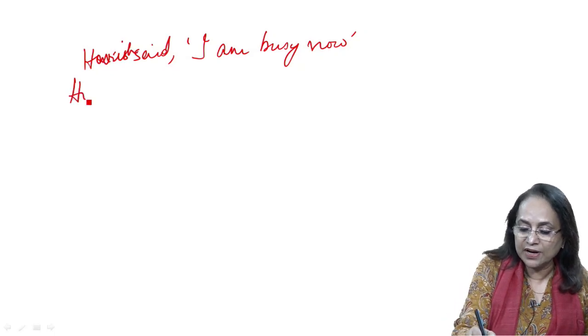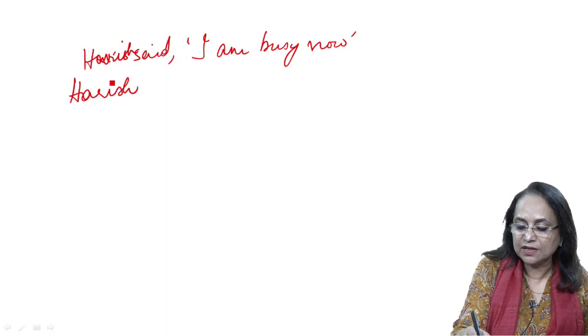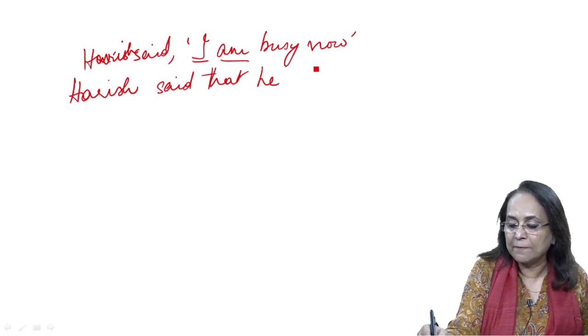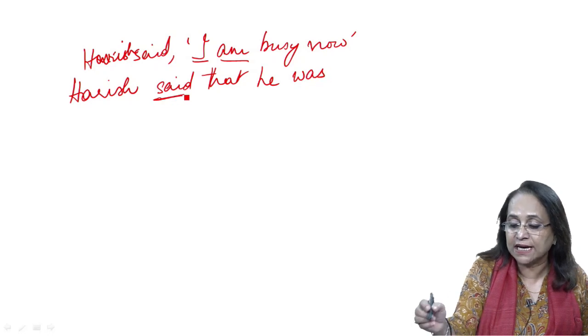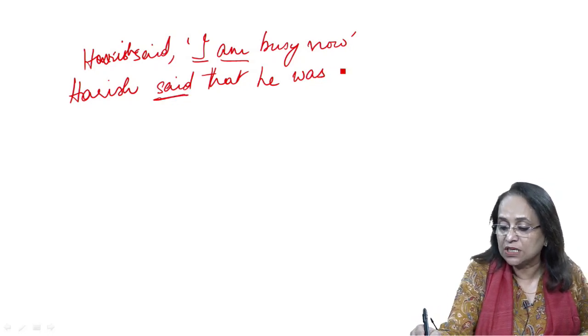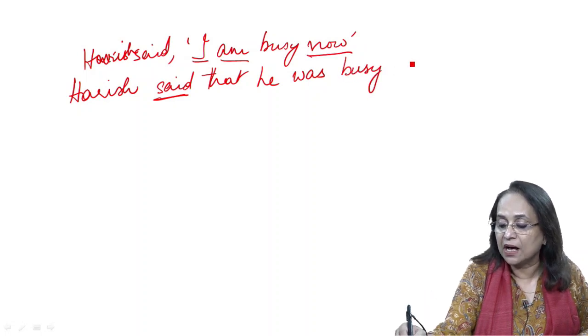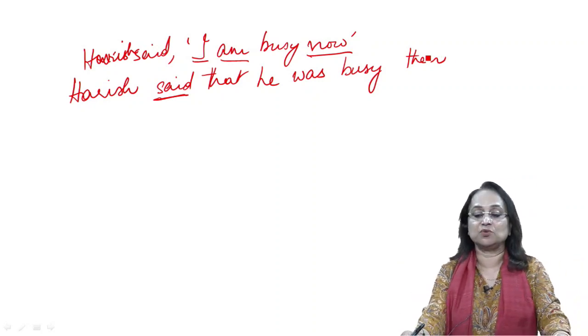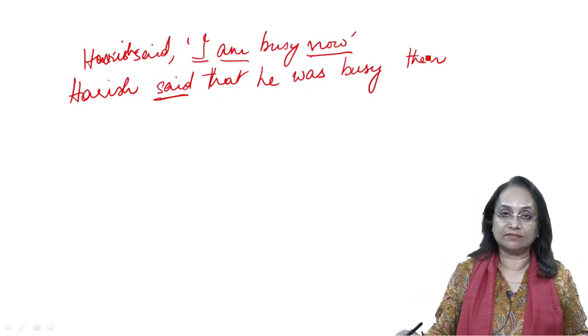So Harish said that I will become he, am will become was. Why? Because the reported verb is in the past: Harish said that he was busy. Now becomes then. Harish said that he was busy then, right?